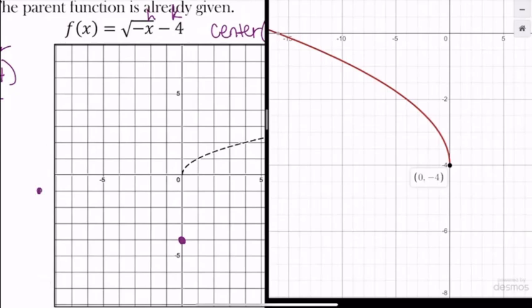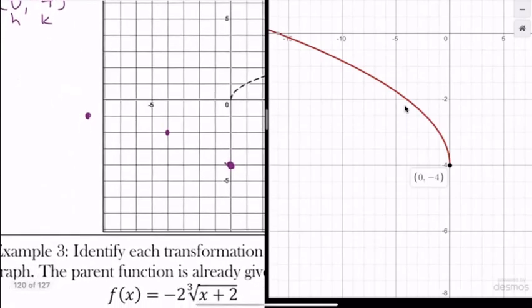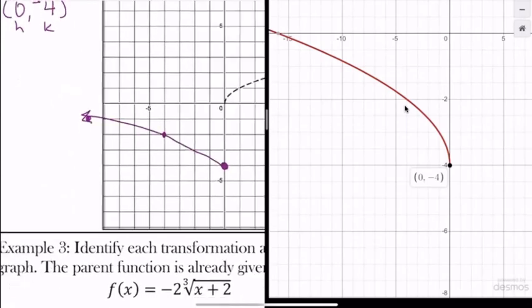There's got to be one in between, though. Let's keep looking. I think there's one right there. Let's see what that is. There we go. -4, -2. All right, there. Now I'm just going to connect the dots. And that's our graph.